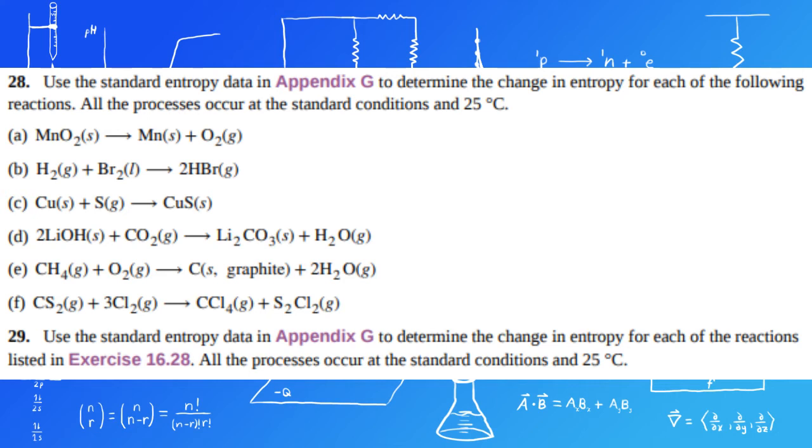I don't see how 29 is different from 28. Yeah, 29 is just asking you to do 28 again. That has to be some sort of oversight. 28 says use the data to determine the entropy change, and 29 says use the data to determine the entropy change for those same problems. Okay, that's weird. But it is what it is.